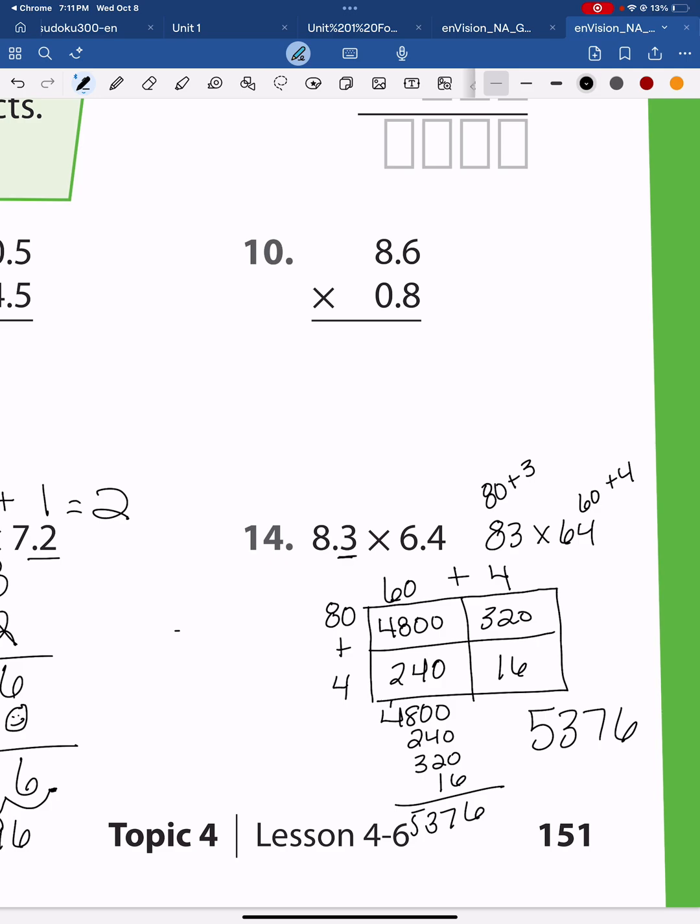This factor has 1 decimal place. This factor also has 1, with a total of 2. So you're going to start at the end and jump that decimal 2 places. So 8 3/10 times 6 4/10 is 53 and 76/100ths.